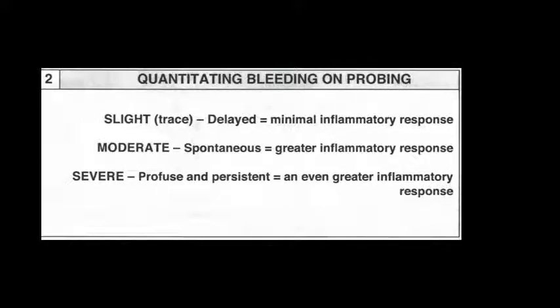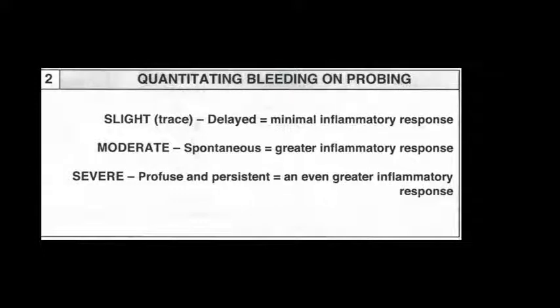Moderate bleeding on probing is where you get spontaneous bleeding on probing. And this means a greater inflammatory response, which means the more significant the disease. Let's say that you have a 5 millimeter probing depth, and after you have probed the depth, as you withdraw the probe, some blood oozes out. Now, that would be moderate.